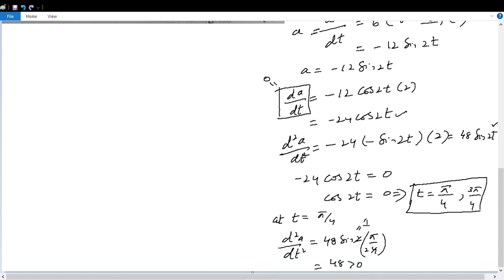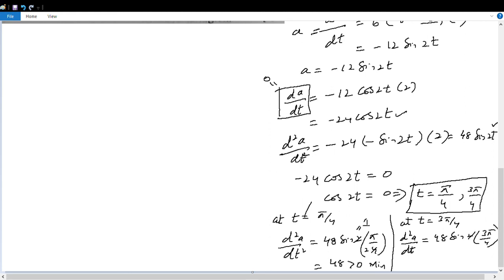So it means that if we put this value of t, then we get the minimum value of d square a over dt square. But when we put 3 pi over 4, then at t equal to 3 pi over 4, you get d square a over dt square equals 48 sine 2 into 3 pi over 4.